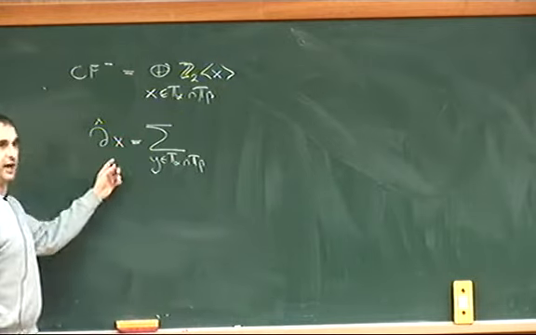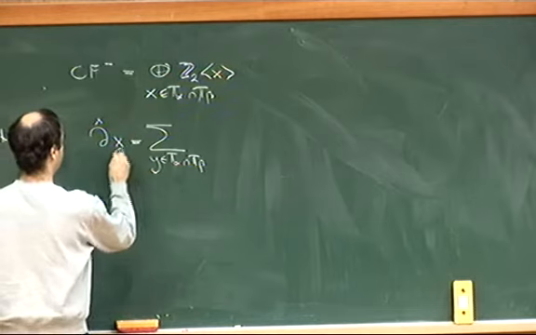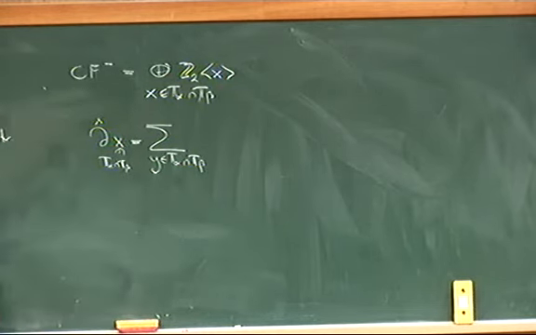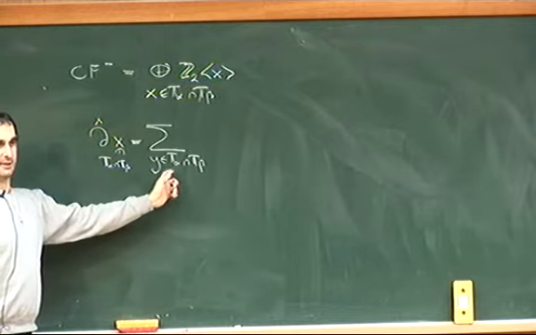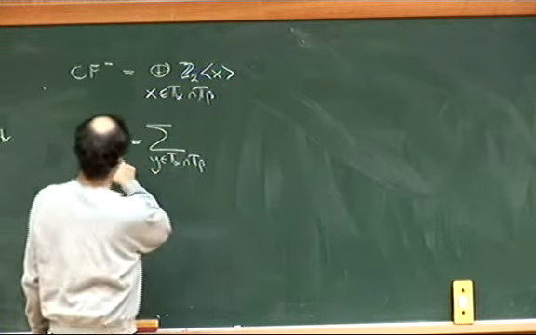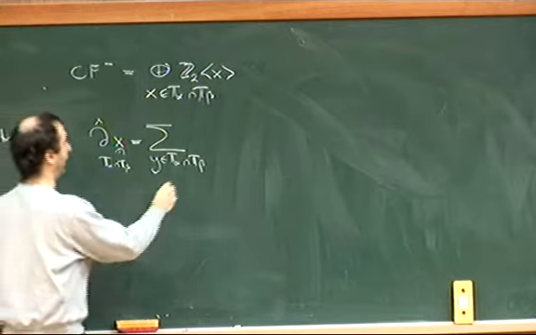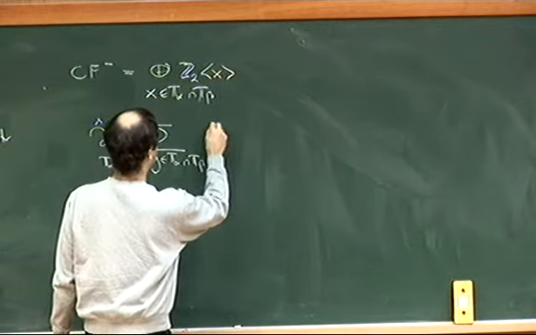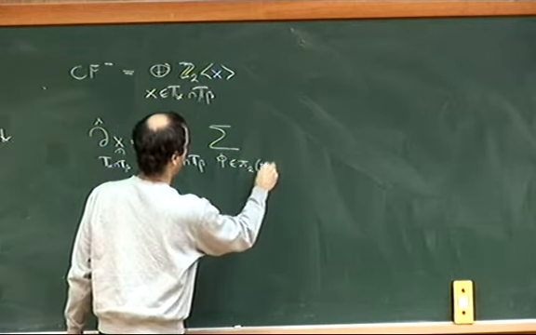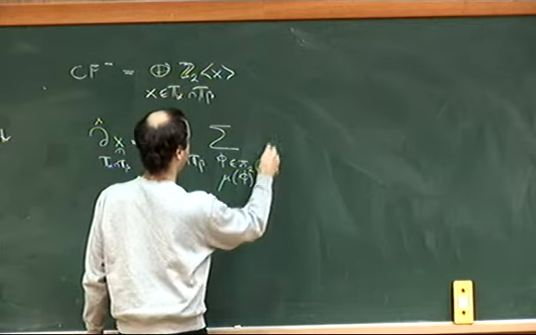We only define it on a generator and then linearly extend. So this is a generator, and we only have to specify the matrix element: what's the coefficient of the generator y in the boundary of x. So let me just write that down, and then I will explain.